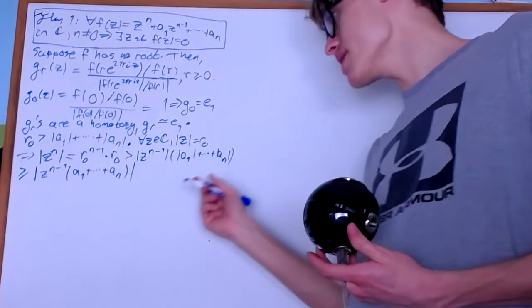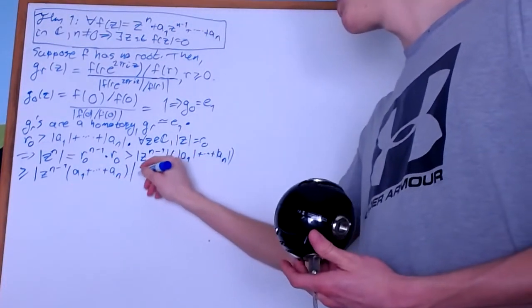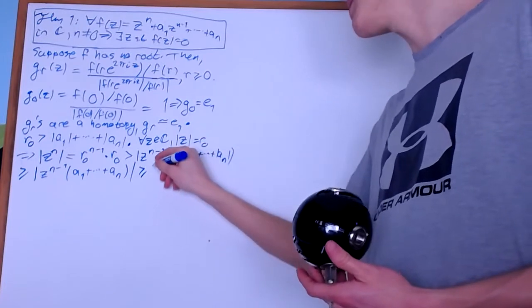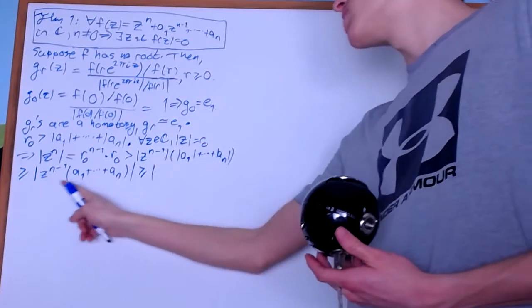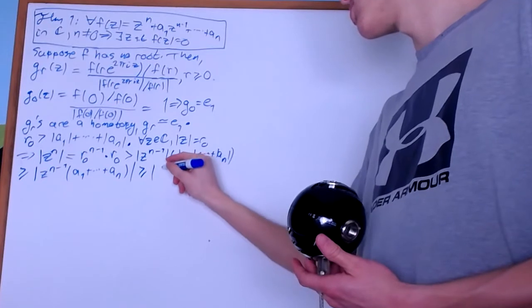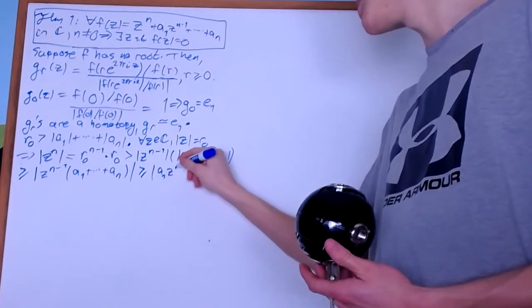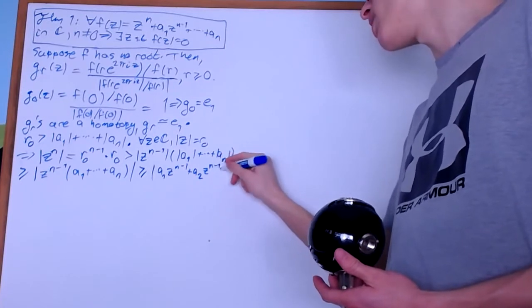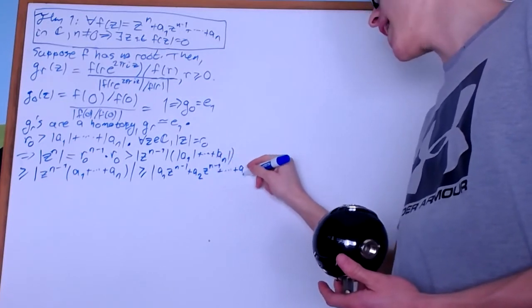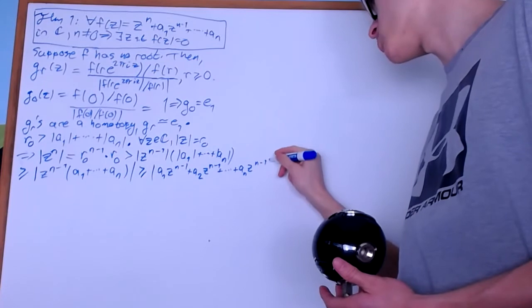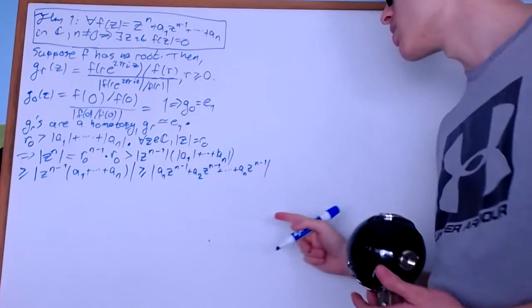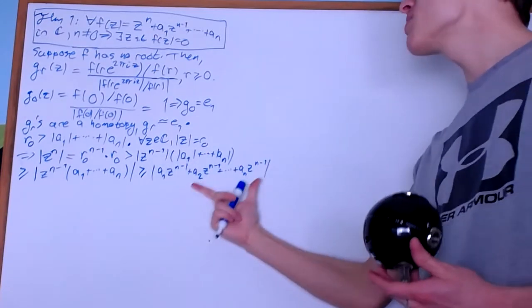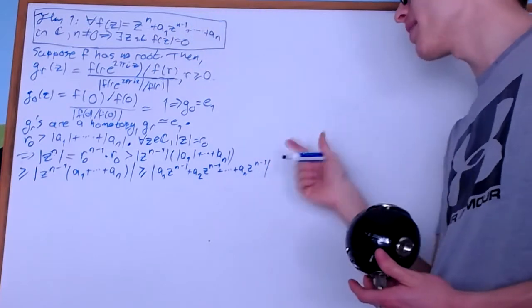Now that we have this, what I'm going to do is do another greater than or equal to. You'd imagine I distribute this normally, so I would have a1 z to the n minus 1 plus a2 z to the n minus 1 all the way up until an z to the n minus 1, but that would be equal. And we actually want this to be more similar to the original polynomial we had.